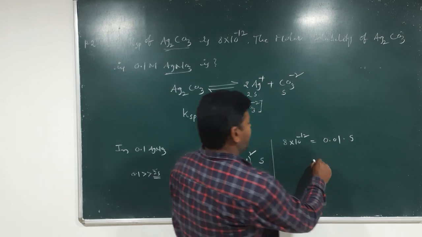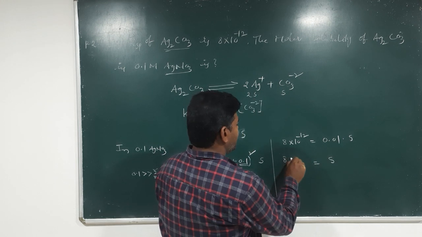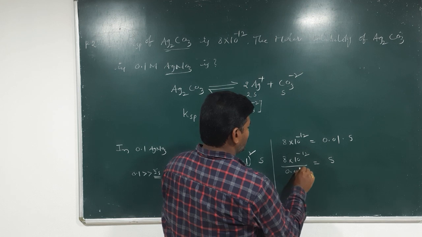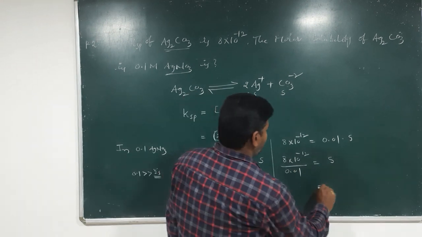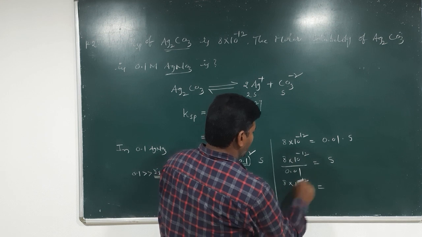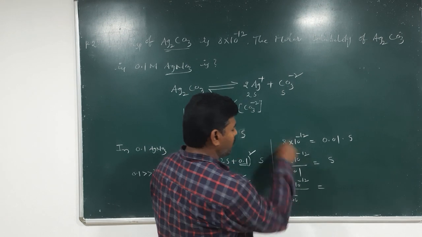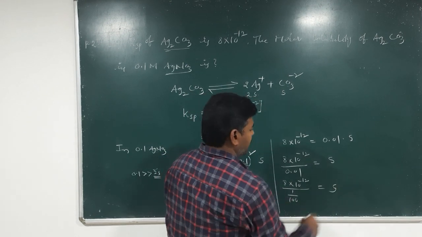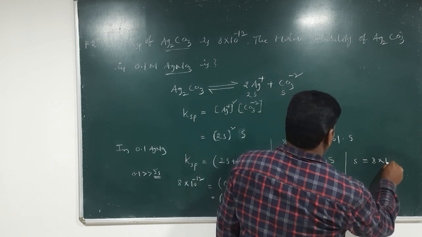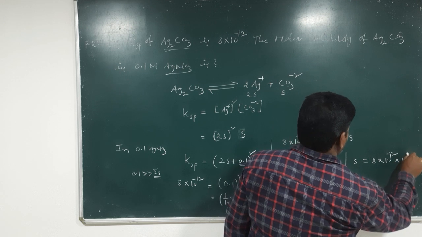Next step, s is equal to 8 into 10 power minus 12 by 0.01. 0.01 means 1 by 100, so the 100 goes up, then s is equal to 8 into 10 power minus 12 into 10 square.